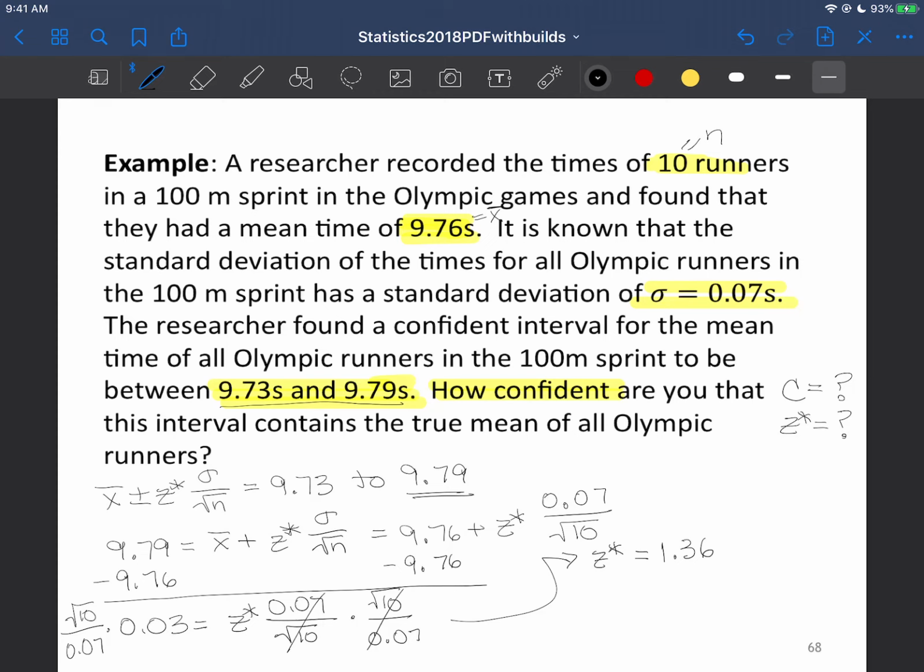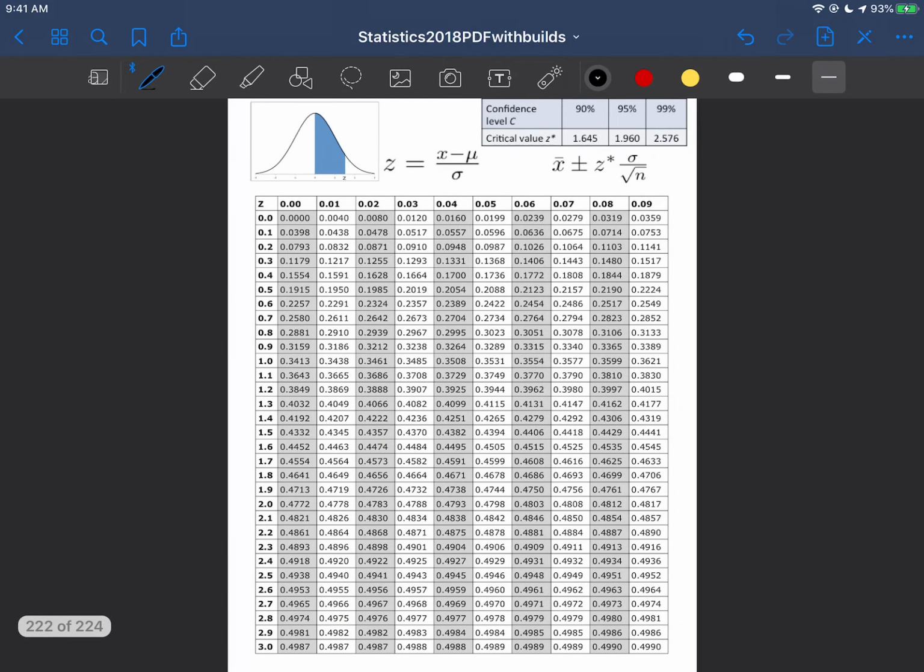Okay, so now I know my critical value. How am I going to use that to find my confidence level? Well, it corresponds to a confidence level of C. If we find the area in the table, we'll have C over 2. So we're going to go to the table to find an area associated with 1.36, and I've got the table here.